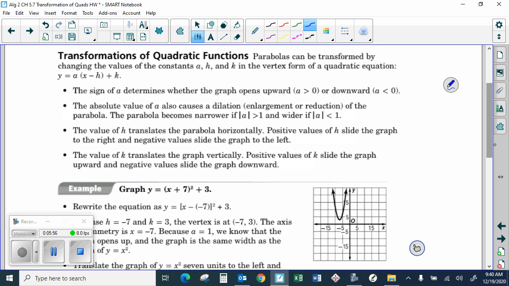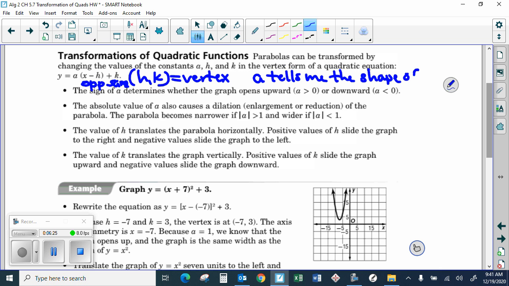Parabolas can be transformed by changing the values of the constants a, h, and k in the vertex form. H comma k is your vertex, which remember is opposite, same. A tells me the shape of the parabola.